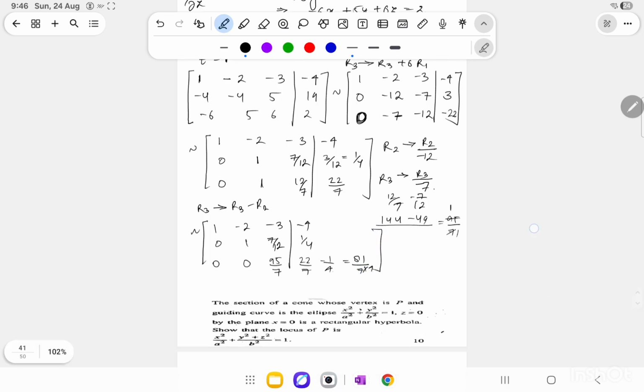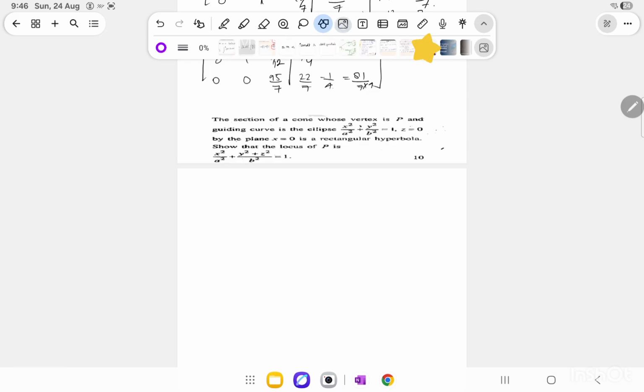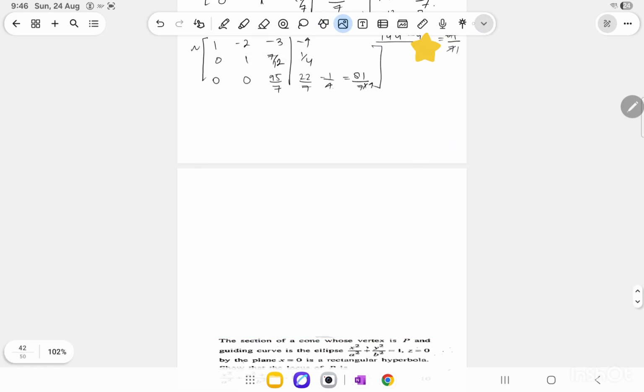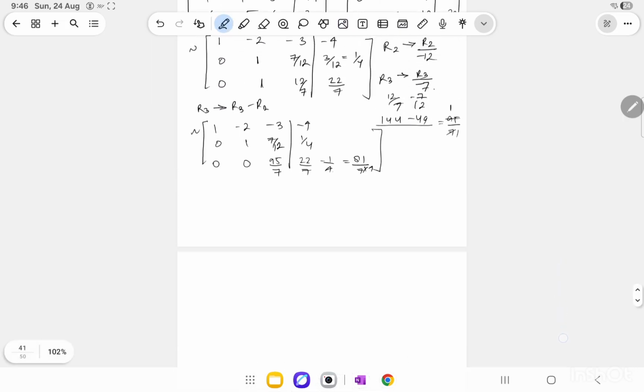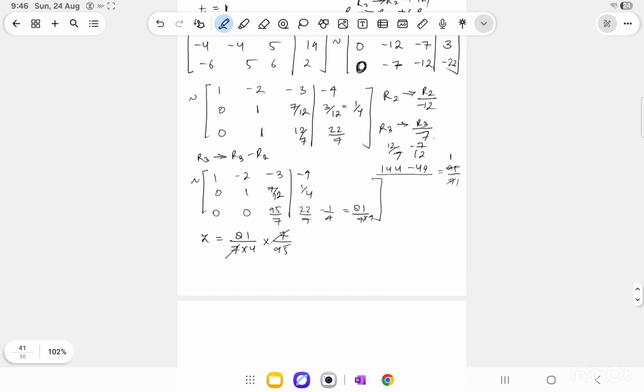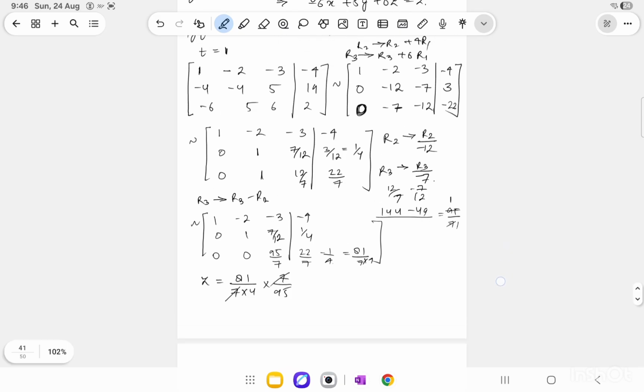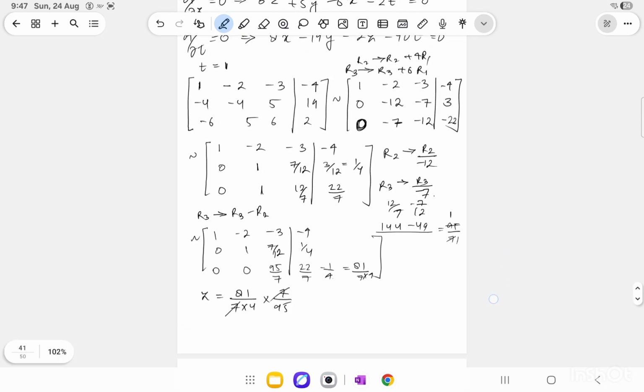So if I solve it, I'll get my Z as 81 by 7 into 4 into 7 by 95, which is basically here it will be minus 1 by 4. So it will be plus 1 by 4 here.